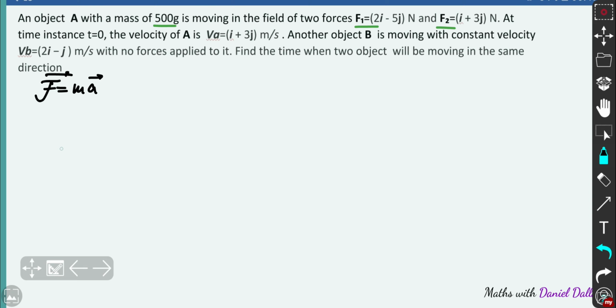In case we have 2 vectors, F1 and F2, we simply arrange them by the head to tail rule. So this is F1 and this is F2, and the resultant force is simply going to be a resultant vector.